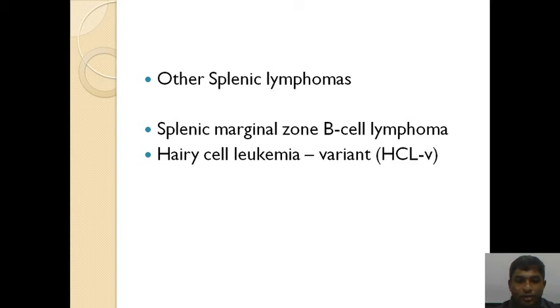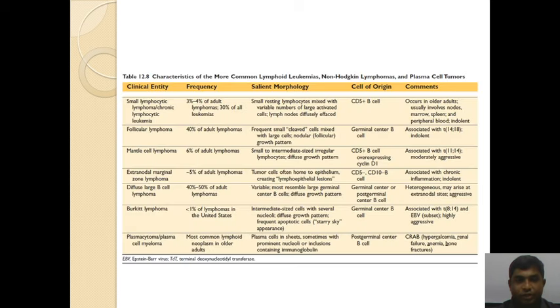Less common lymphomas can involve the spleen: hairy cell leukemia variant, and splenic marginal zone lymphoma, which is another marginal zone lymphoma restricted to the spleen. So this is a table to compare the different types of lymphomas which we saw here. SLL, CLL comprises 30% of all leukemias, and follicular lymphoma 40%.